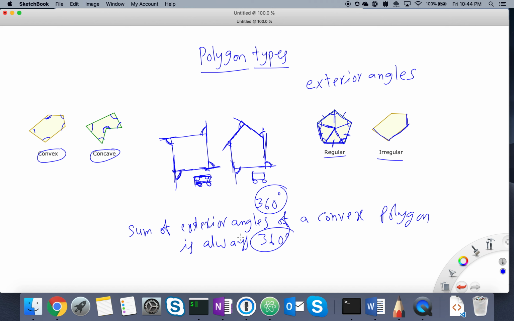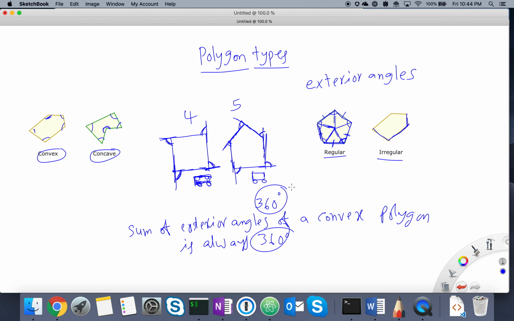And the beauty is, irrespective of the number of sides. That could be a four-sided polygon or five-sided polygon or 100-sided polygon. As long as it is convex, the sum of exterior angles of a convex polygon is always going to be 360 degrees.